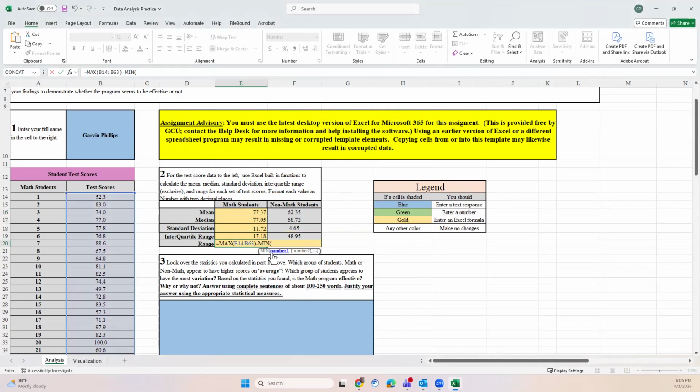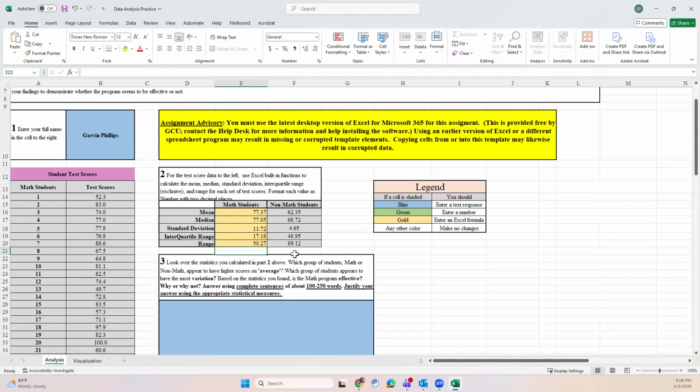And I'm going to select the data or Control V because I've already done that. Close my parenthesis. And if you're unsure, you could just type B14 colon B63. That's fine. Just don't do B14 semicolon. Semicolon bad, colon. We're going to hit enter, and I have some values.